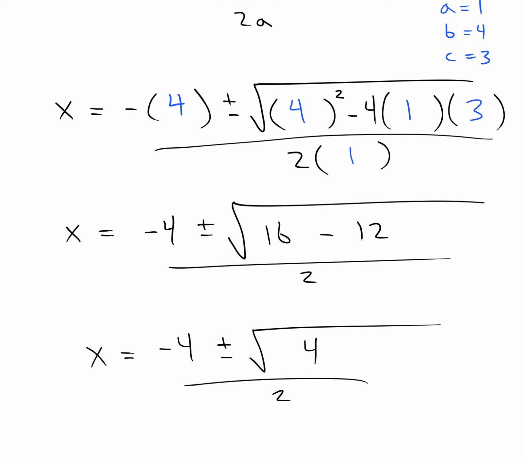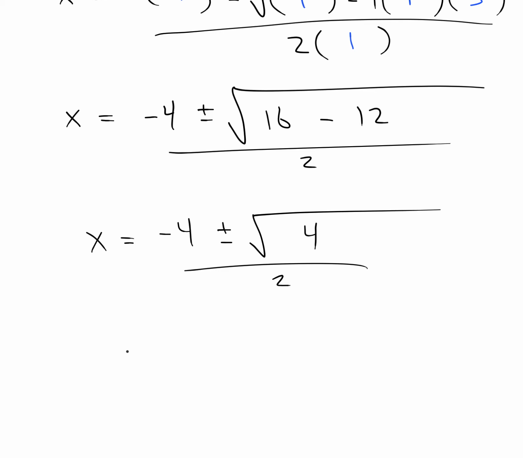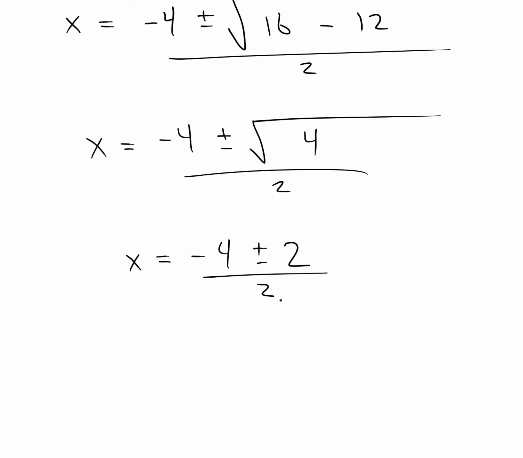Let's take the square root of 4, which is 2. And since both of these are being divided by the same denominator, we can actually divide and get negative 2 plus or minus 1.